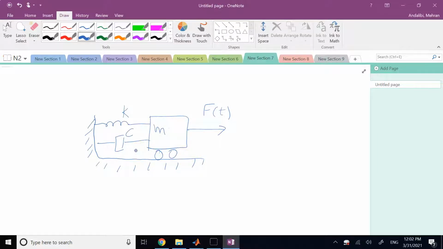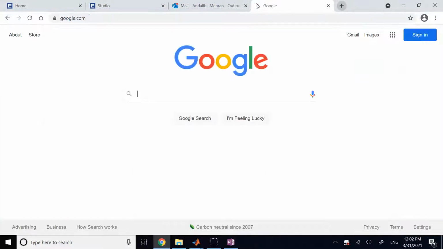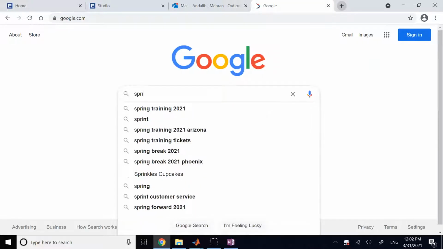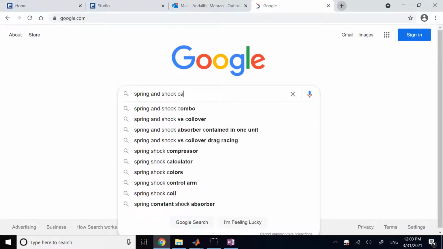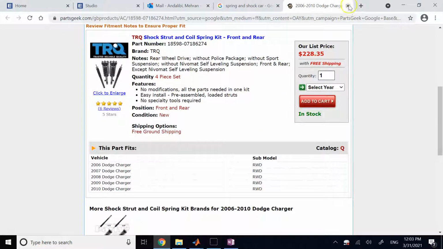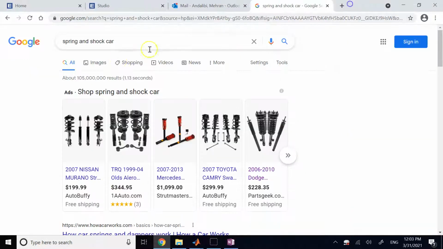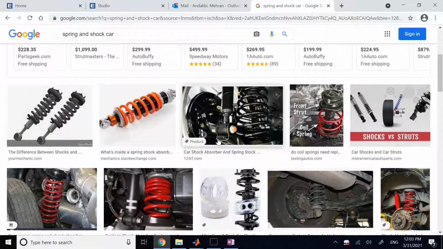So for example, you can see a spring and damper in a car suspension system, right? So if you look at the spring and shock absorber, the spring and the shock in a car, their goal is what?